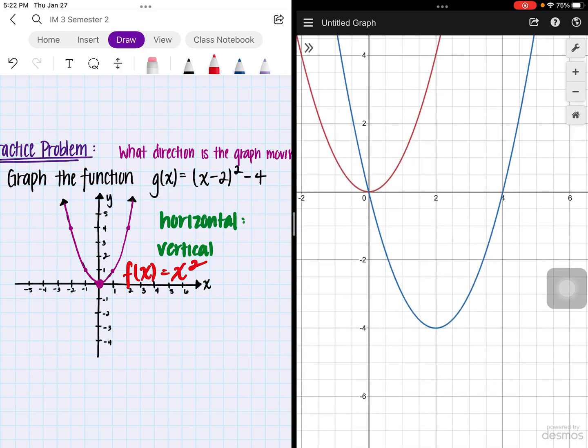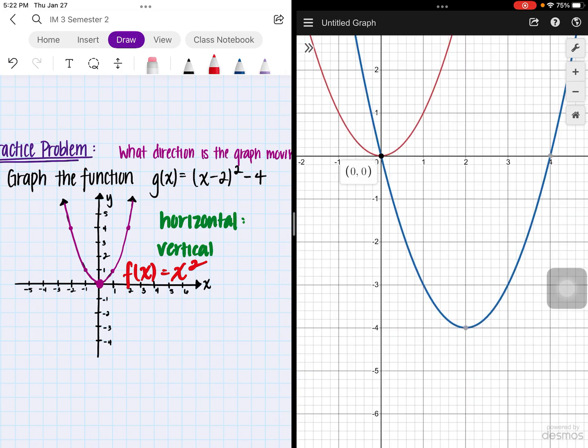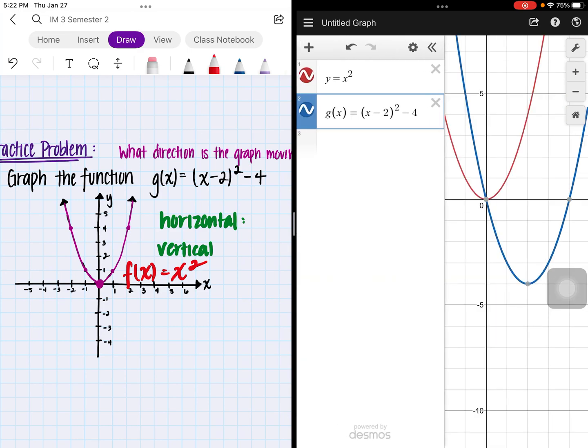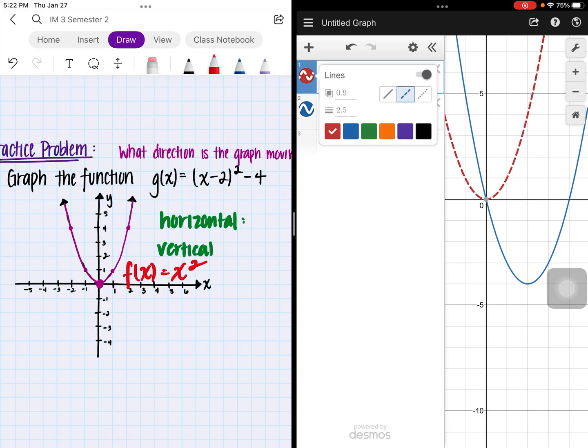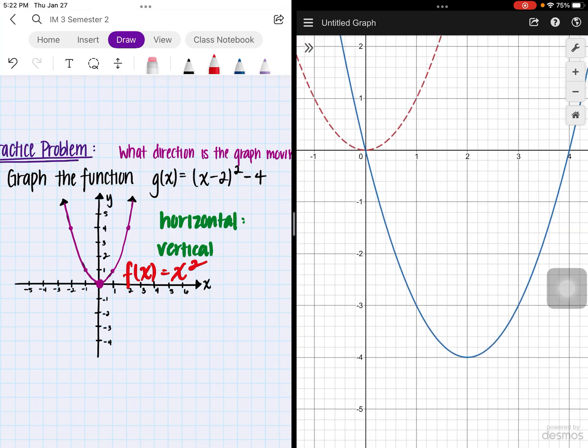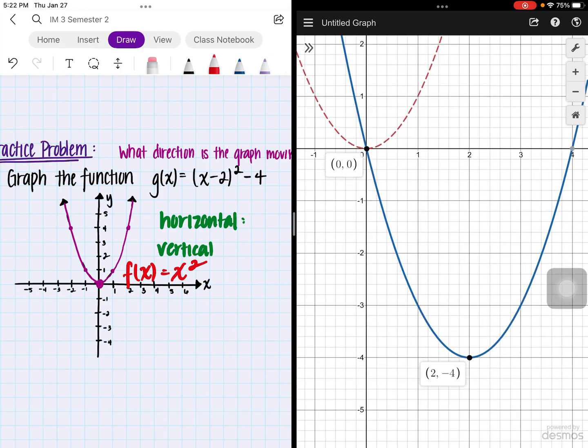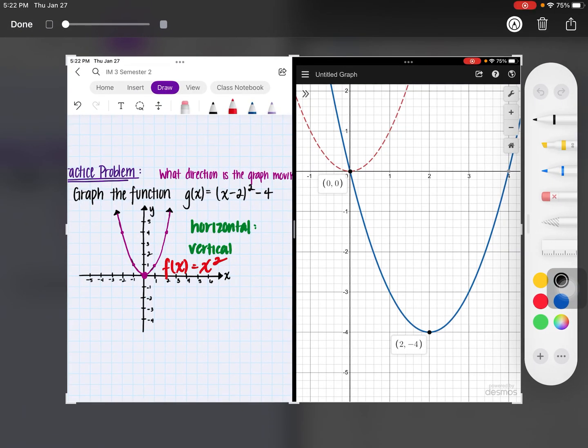So in this case, I want you to describe what direction it moved from the original graph, which I'll leave as a dashed one. So what direction did it move? Let me take a screenshot here so I can write there.